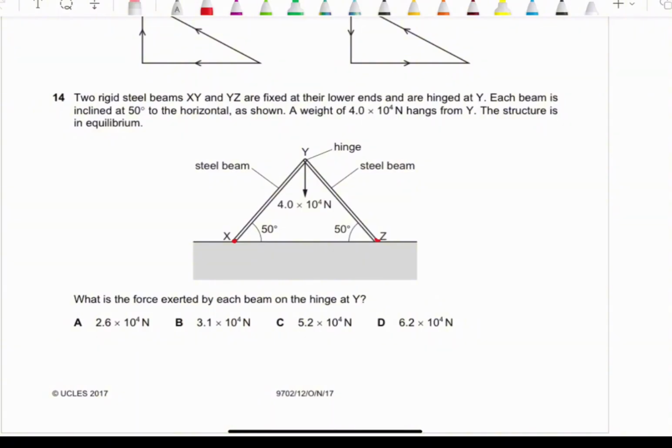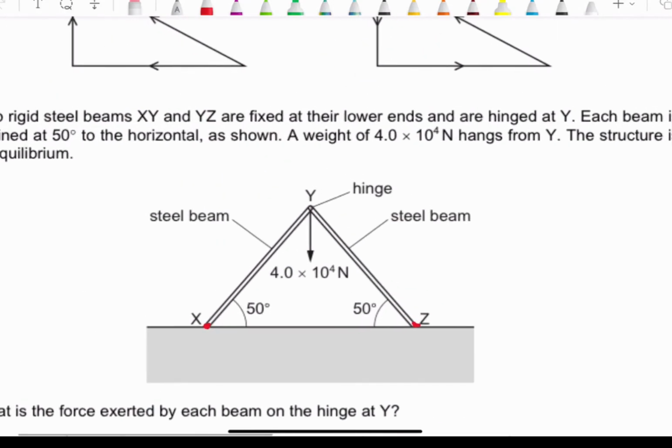Okay, so basically, if we're considering beam XY, it's going to push beam YZ like this, right? But as it pushes YZ like this, YZ is going to exert an equal and opposite force that is going to move upwards, something like this.